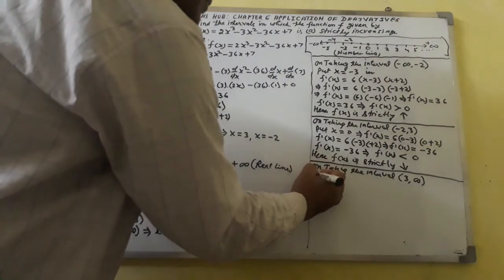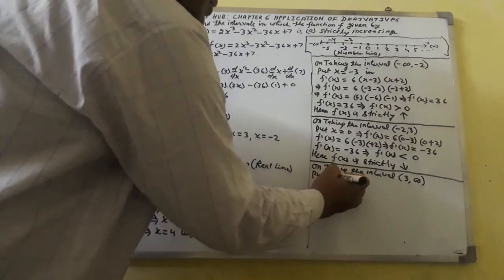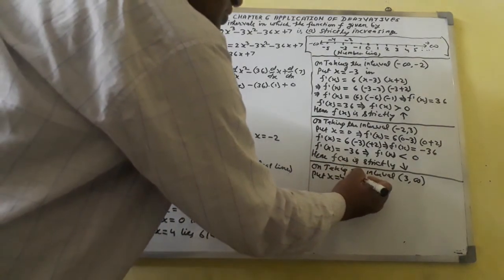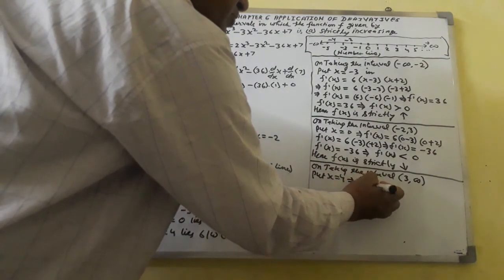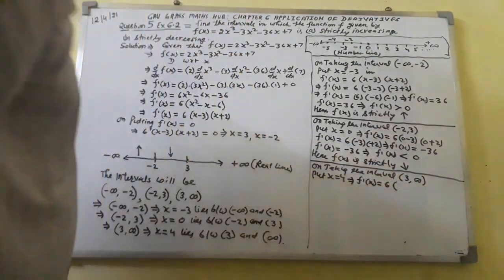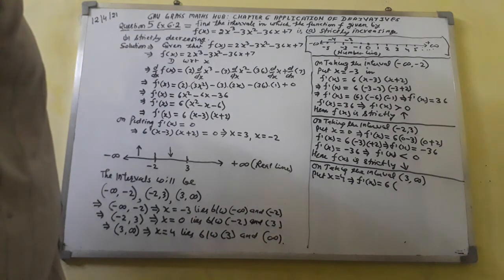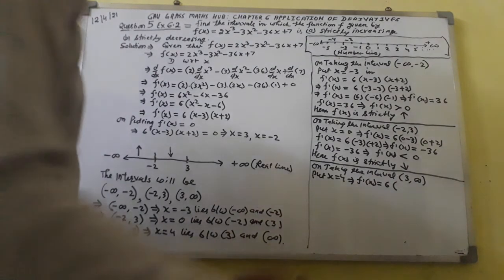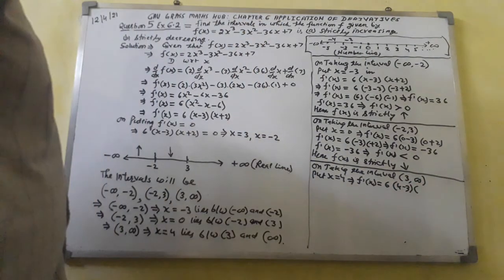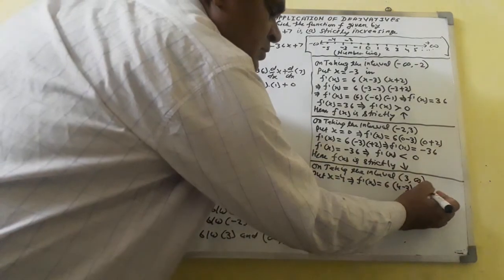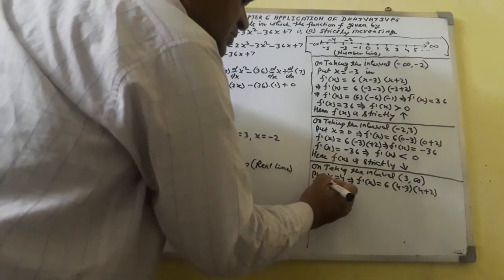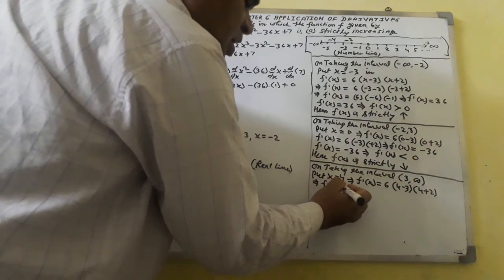Put x equal to 4, implied that f dash of x comes out to be 6 in bracket 4 minus 3, 4 plus 2, implied that f dash of x equal to 6.